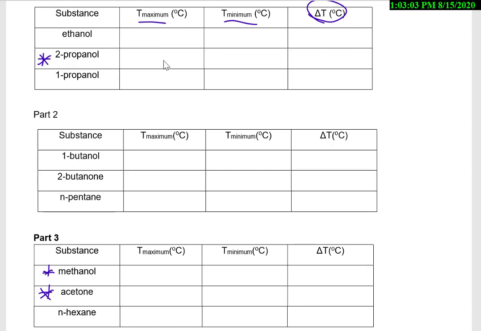So the rest of these temperatures will be given in the data. So the starred ones you'll find in the video, and all of the rest will be given in the info handout. Okay, so you can find those and therefore calculate the delta T.